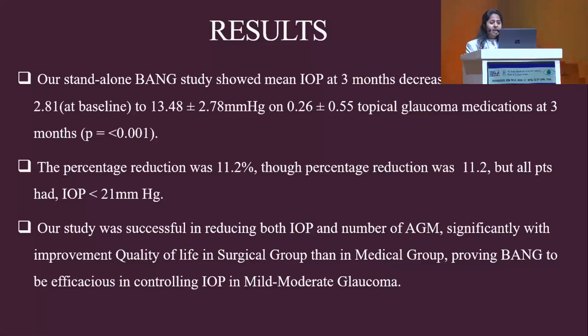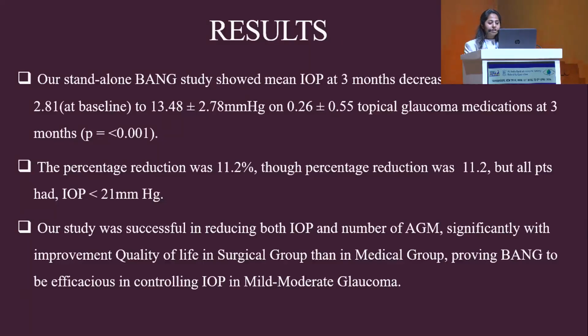Results. The standalone goniotomy study shows that mean IOP at 3 months decreased from 15.22 at baseline to 13.48, with a reduction of 2.78 mm of mercury, on 0.26 plus or minus 0.55 topical anti-glaucoma medications at 3 months. The percentage reduction was 11.2%, but all the patients had IOP less than 21 mm of mercury.